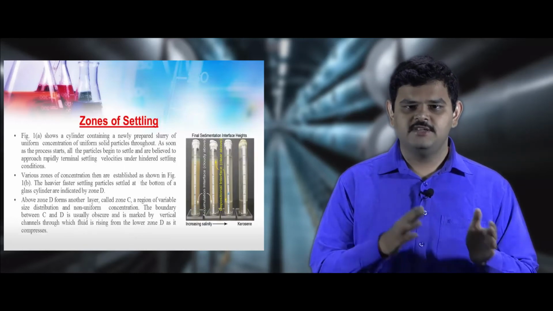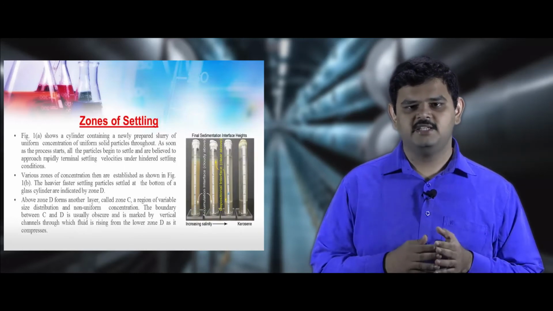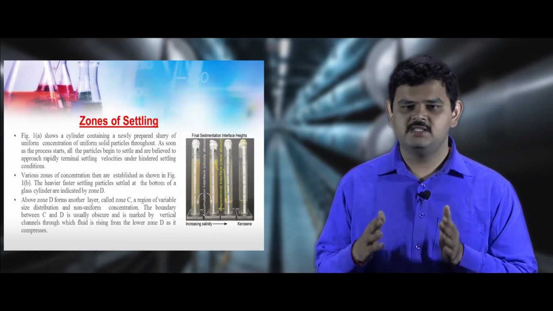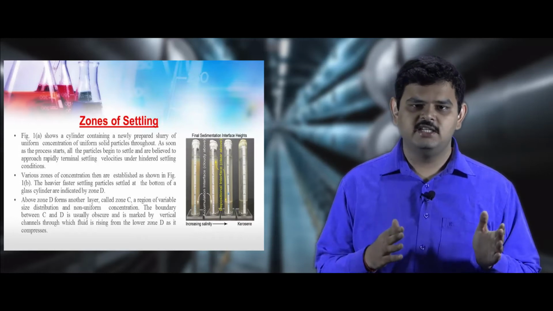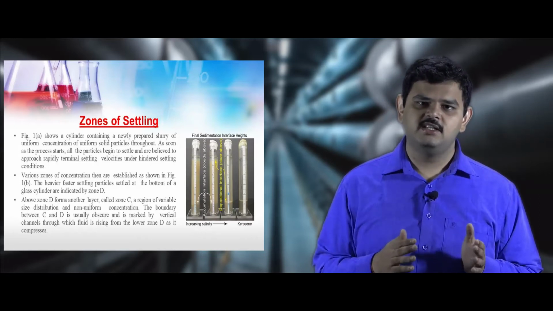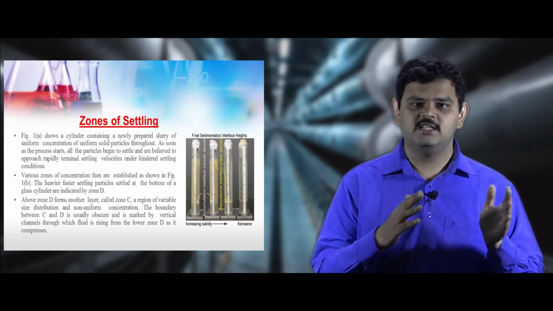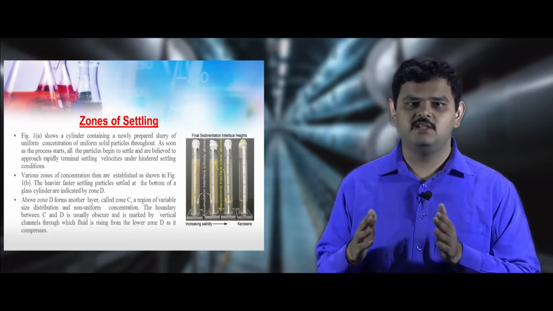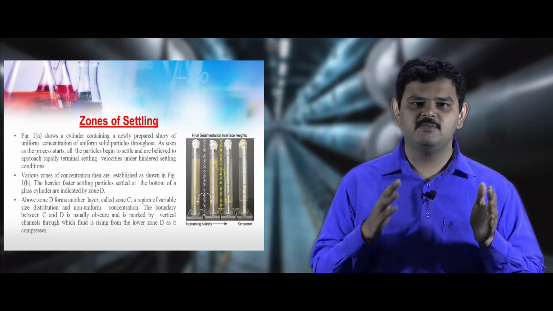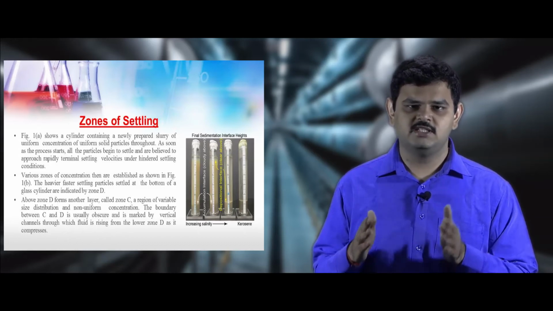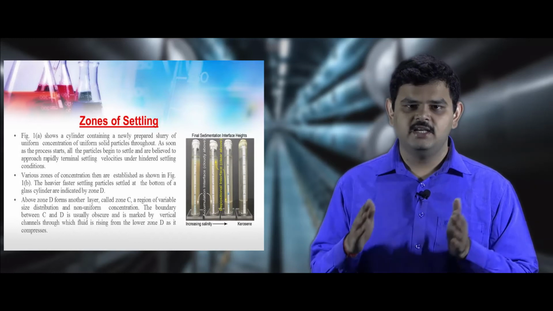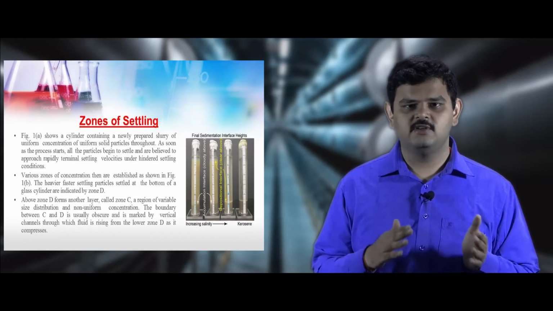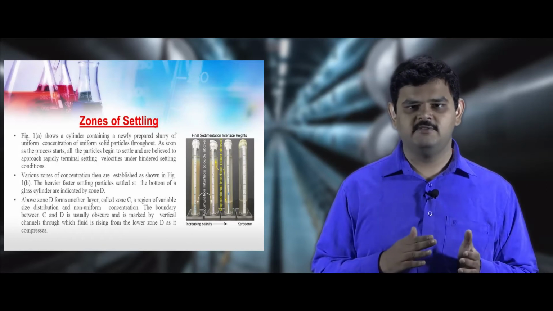Now we move on to the different zones of the batch sedimentation test. The different zones are A, B, C and D. Initially, when we use the feed slurry, it is of uniform concentration, that is zone B. When we have zone B and allow it to separate for some time, it will have the different zones such as A, B, C, D. A zone will have the clearer liquid and the D zone will have the concentrated liquid.